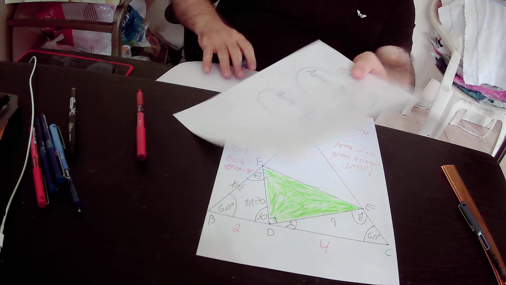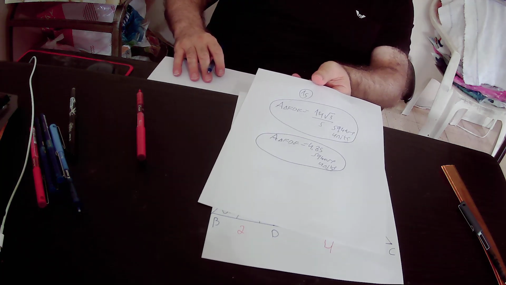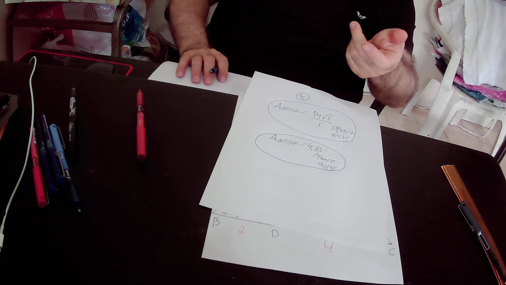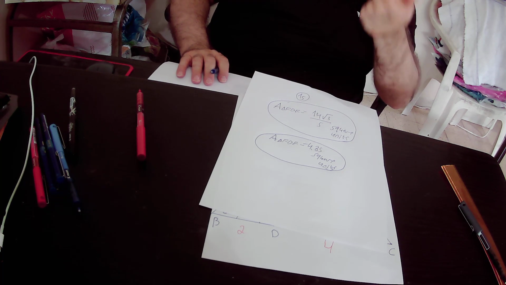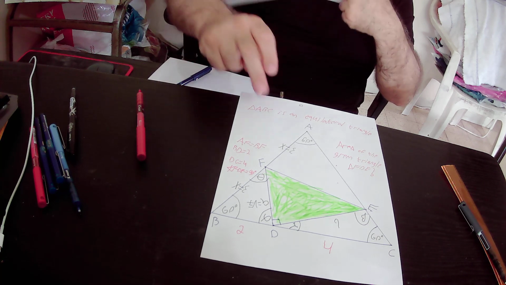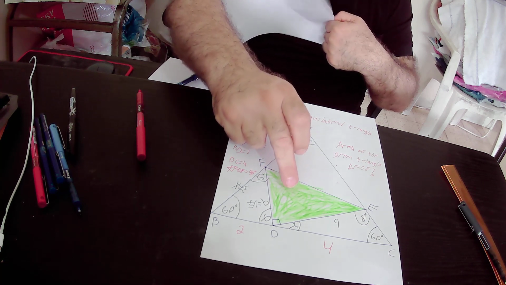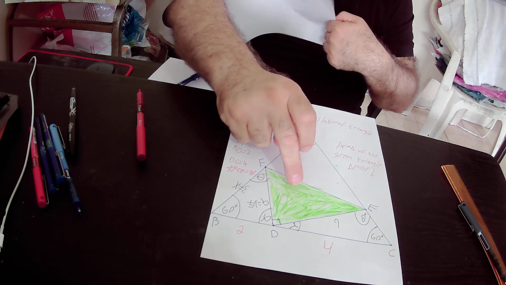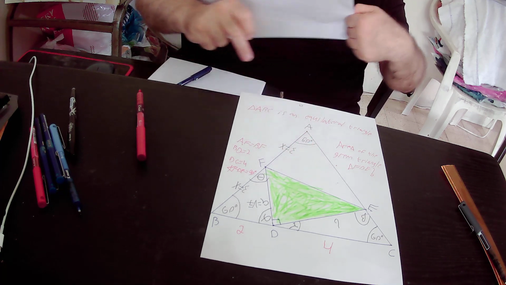So the area of the green triangle FDE in terms of numbers is 4.85 square units.